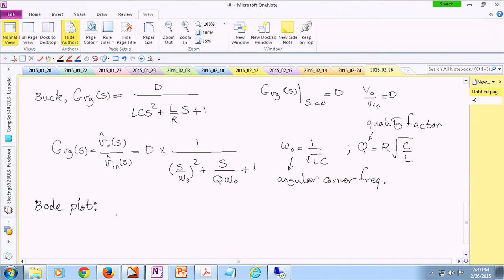So the first thing that we try to do is, remember, S is a complex number. It's basically j omega, so it's a complex function. So we look at the magnitude of this complex function. We'll replace S, the Laplace variable, with j omega, and then look at the magnitude. This symbol is highlighting the magnitude.